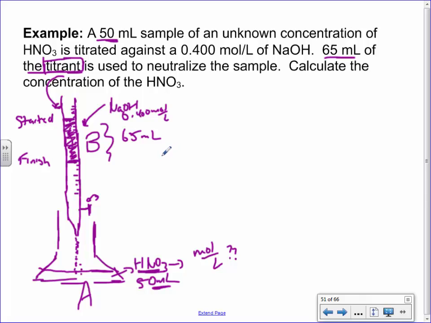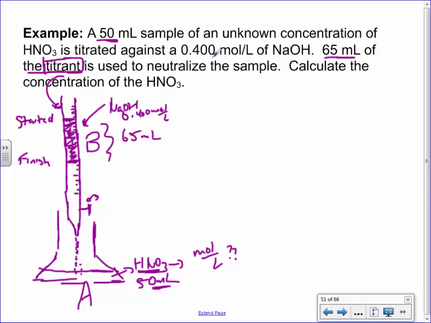Right? How do you know the concentration of something? There's two ways. One, you make it yourself. If you make it from scratch, you know how concentrated it is because you controlled how much volume and how much solute you had. But the other way that you can calculate concentration is what we're doing right here. We don't know the concentration of this unknown amount right here, but through this math process, now we can figure it out. So now it's time for the math.